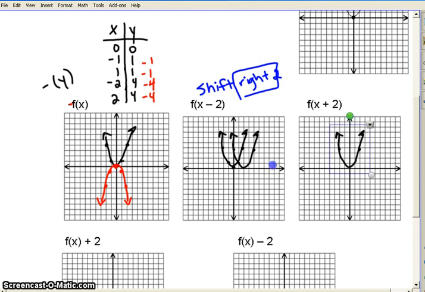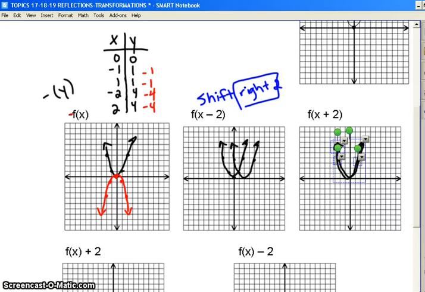Okay? And then every single x value gets shifted over to the left. There we go.